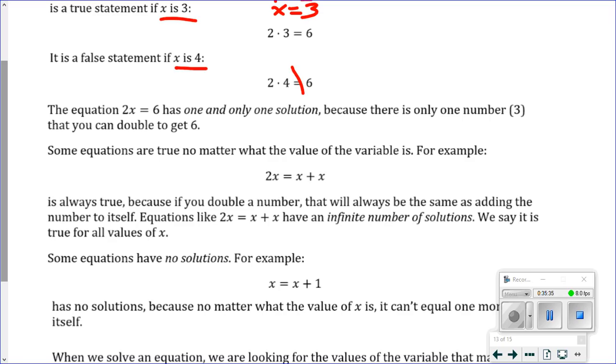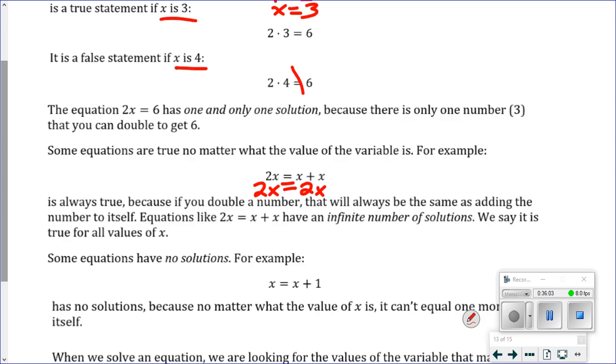They then go on to give you another example. The equation 2x equals 6 has one and only one solution because there is only one number that you can double to get 6. Some equations are true no matter what the value of the variable is. For example, 2x equals x plus x will always be true for any value, because when I combine x with x on the right, I do in fact get 2x.